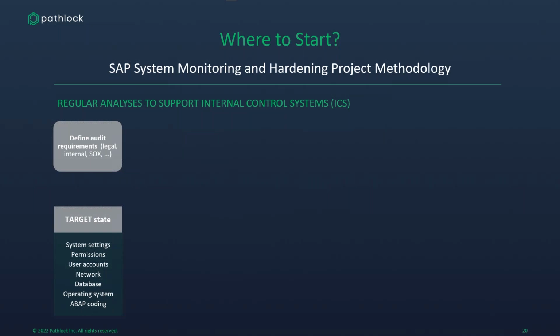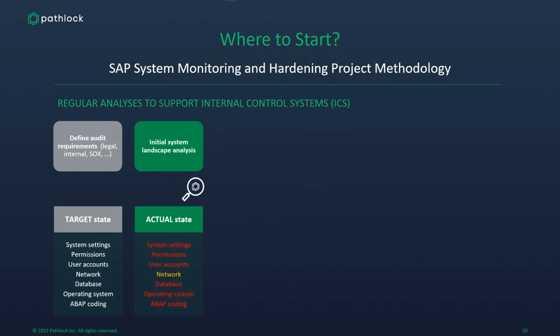And if you have the definition of your target state in many fields, then you need to make a scan and get your actual state. This might look really bad, this might look good, depends on the definition of the target state. Afterwards, you need to go step by step, starting with the very high issues, to make it better.